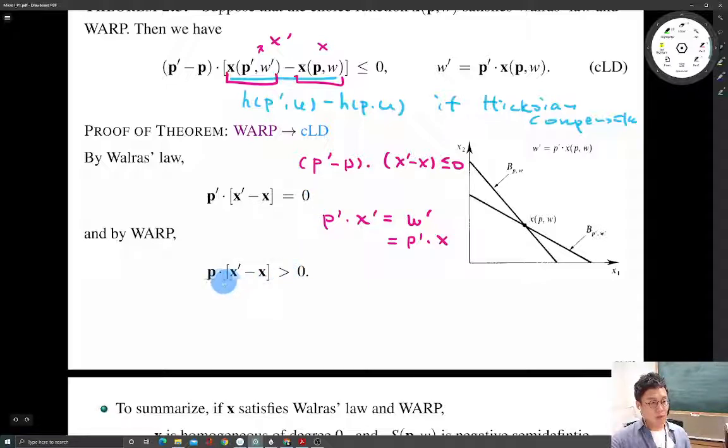Then by the WARP, this implies that under price vector p prime, the two bundles are affordable. But we observe that the consumer chooses this bundle x prime rather than x. That means by the weak axiom, bundle x prime is revealed preferred to bundle x. So by the weak axiom, we must have under price vector p that x prime is not affordable.